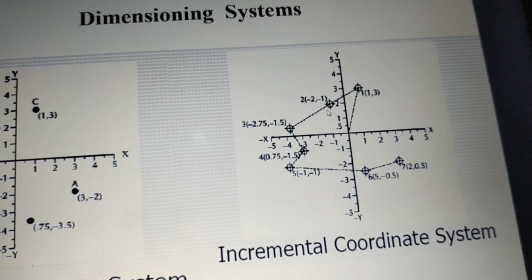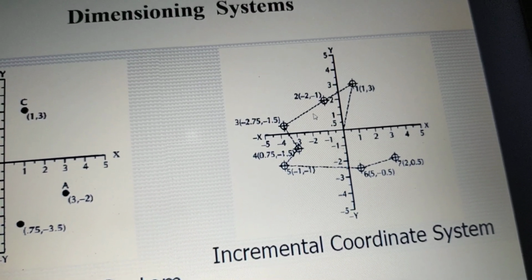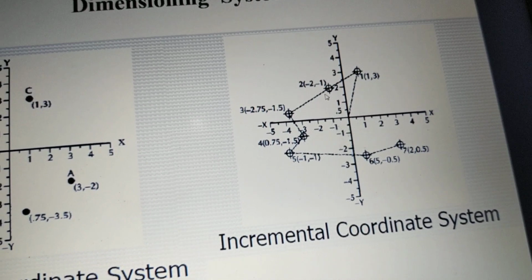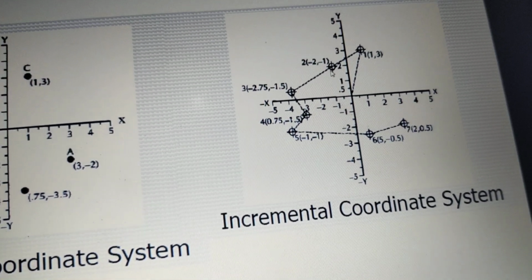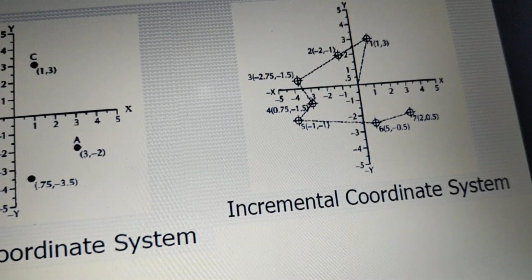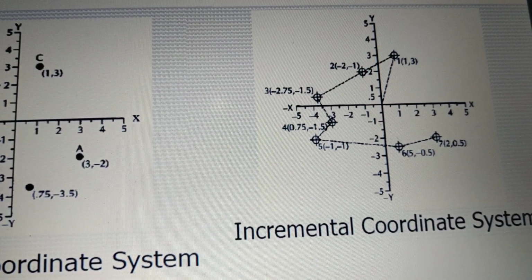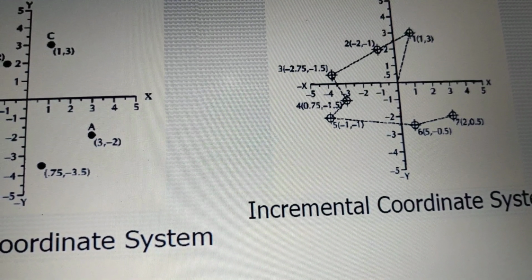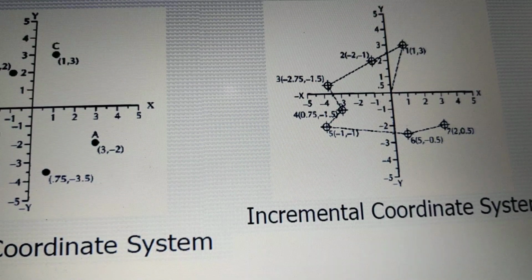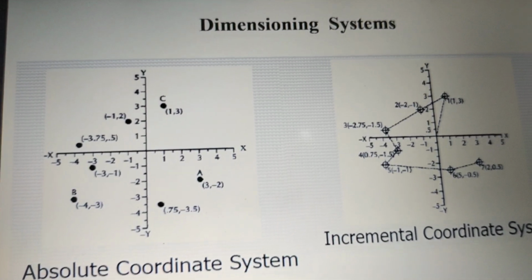Suppose you want to refer to this point, and if your previous point is this, you have to write the relative distances of the present point with reference to the previous point. The G code used for this is G91. Here the drawback of this method is, if a mistake happens at one location, then the mistakes are cumulative.